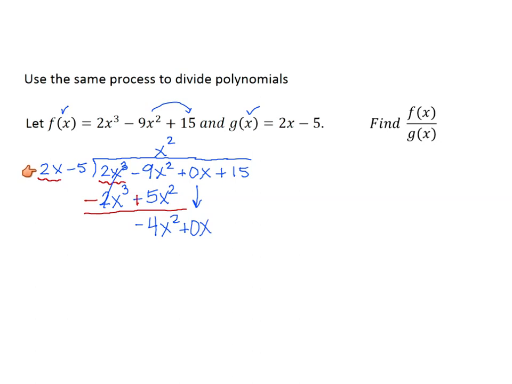How many times does 2x go into negative 4x squared? Well, 2x times what will give me negative 4x squared? I would have to multiply my 2x by negative 2x to get this. So that's how many times it goes in.